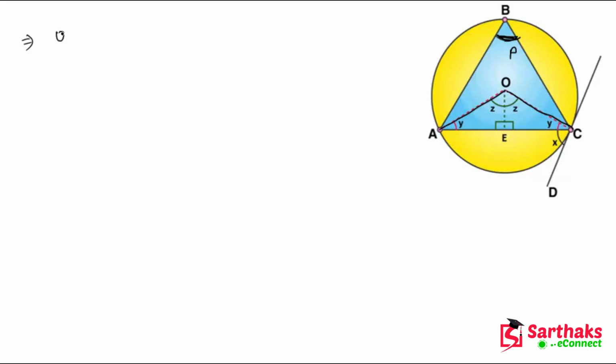So we can write OA is equal to OC, both are radii of the circle. Now you can observe these sides are equal, so we can say that these angles are equal.